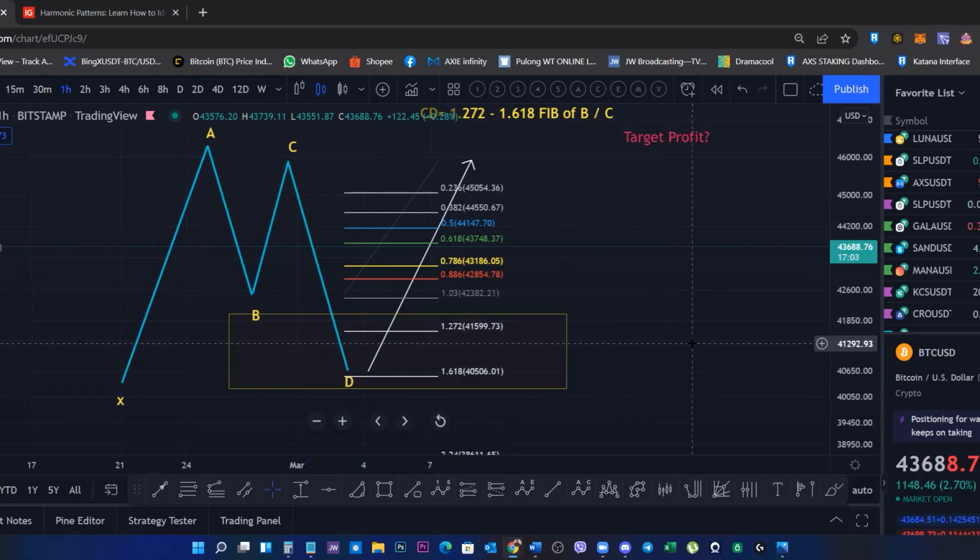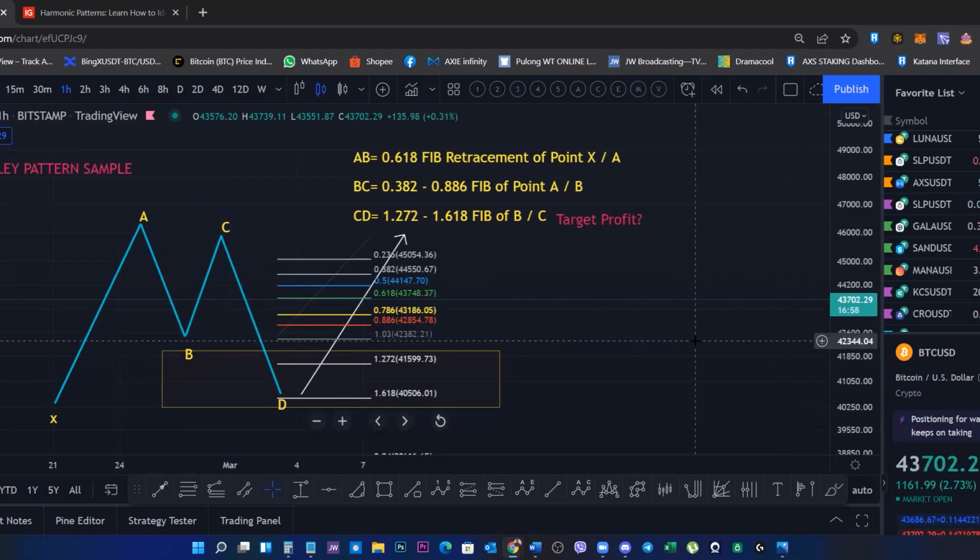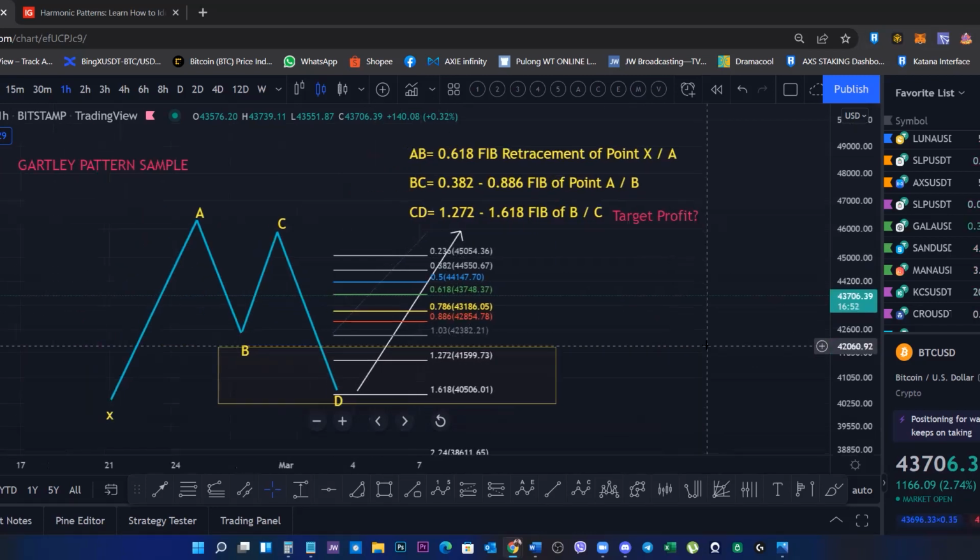Now, this is the question of other traders, newbies: what will be my target point? Normally the target point here, guys, depends on the trader, on how conservative or high risk they are. You can actually take an early profit from point B itself.